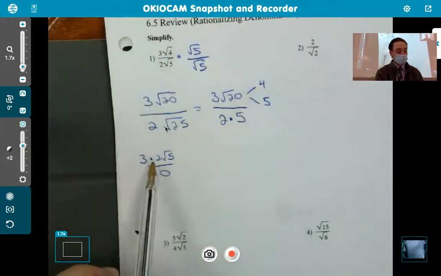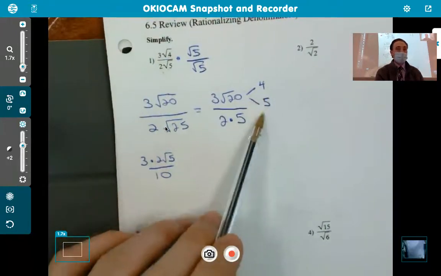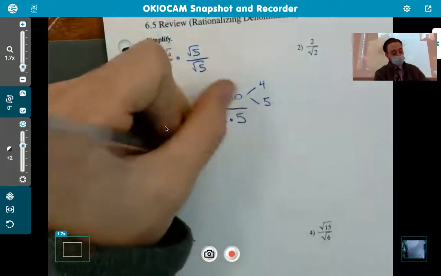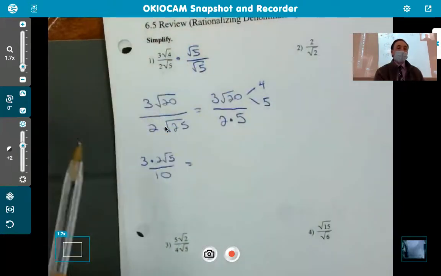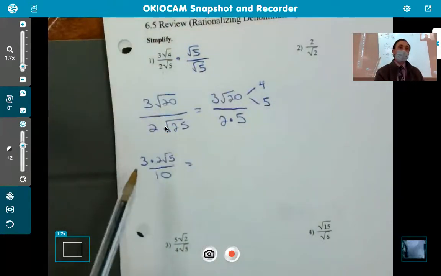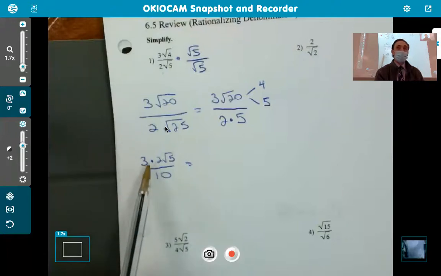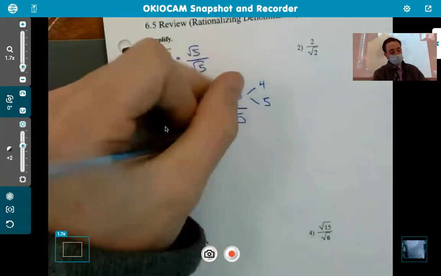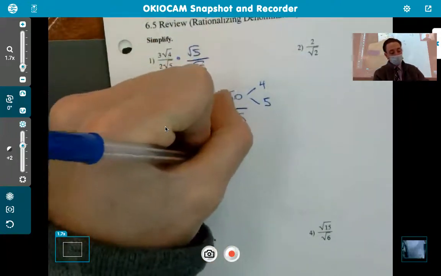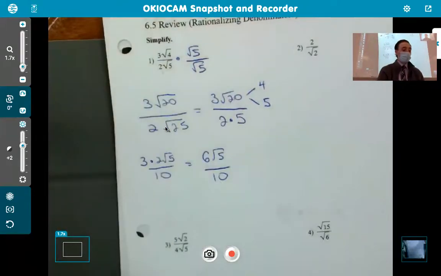Square root of 4 gives me the 2. The 5, the term that I can't break down, stays on the inside. And then when I simplify that further, 3 times 2 on the outside, again, terms that are the same I can multiply, will give me 6 root 5 over 10.